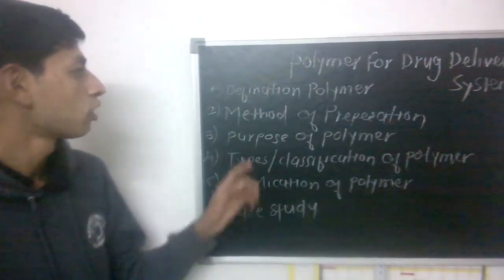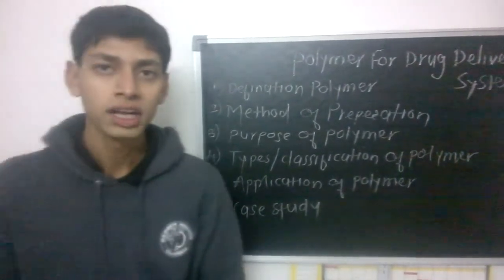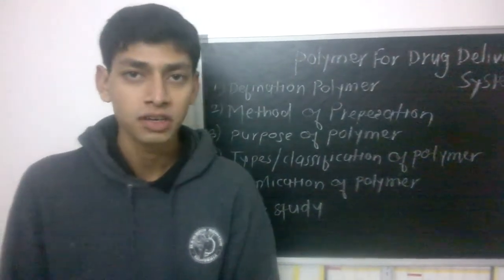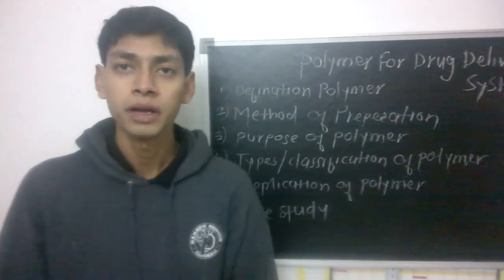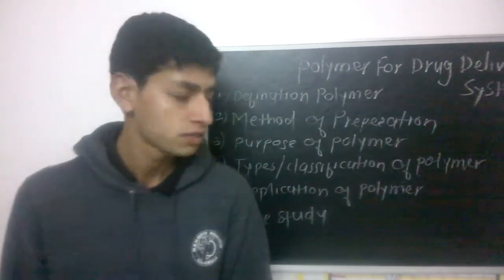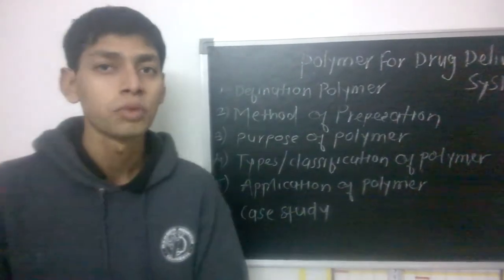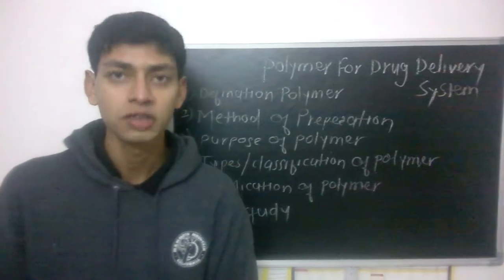Now move towards the method of preparation. There are mainly two types of methods for polymer preparation. As we all know, a polymer can be formed by the simple polymerization process. There are mainly two types of polymerization process: one is addition polymerization, and the second is condensation polymerization.